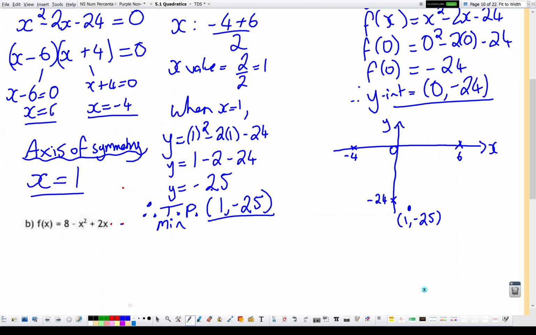So if you are able to draw that set of axes, you've marked on your roots, your turning point, your y-intercept, you should now be able to just connect those with a happy face, smooth parabola. Okay, and that is the graph of f of x equals x squared minus 2x minus 24.